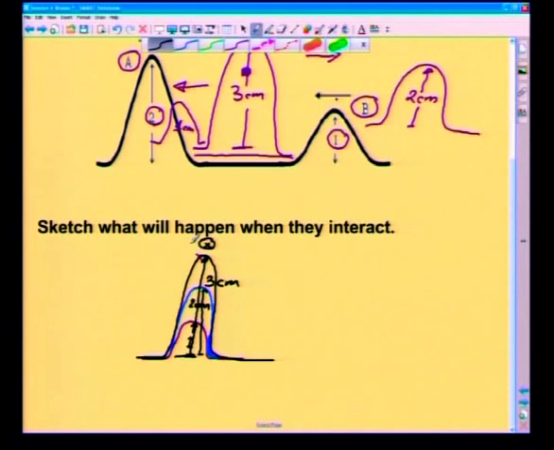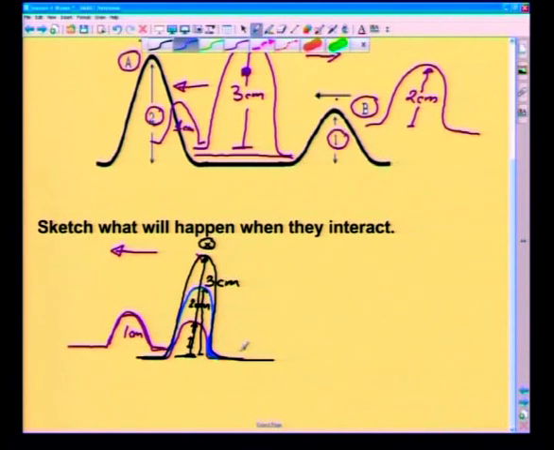But then, like I explained earlier, remember that this brown one is moving in that direction. So after meeting here, the brown one will continue in its direction and regain its size in terms of amplitude. It will go back to 1 centimeter.